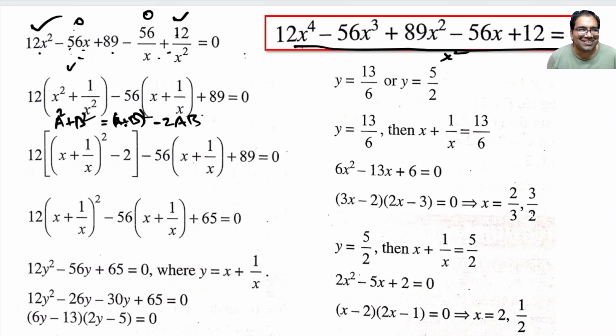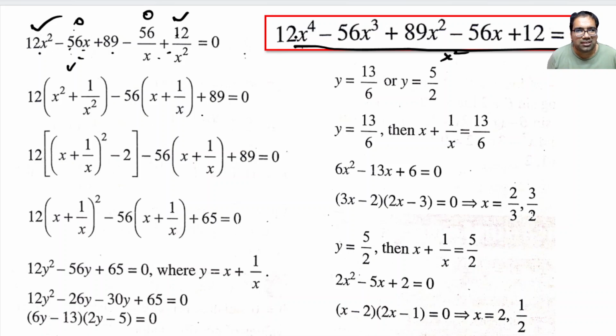That means x square plus 1 by x square is x plus 1 by x whole square minus 2ab, 2 into x into 1 by x, which is equal to 2. Right. So this is what we are doing. x square plus 1 by x square, we are writing it as x plus 1 by x whole square minus 2. And x plus 1 by x, let this be as is, plus 89.